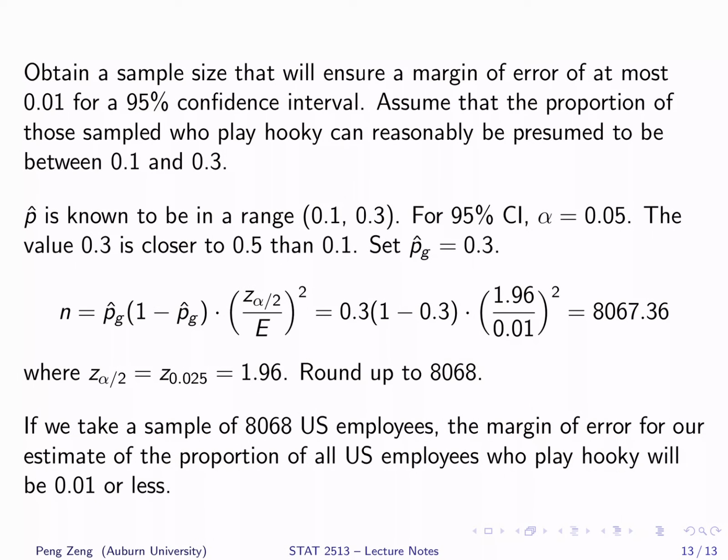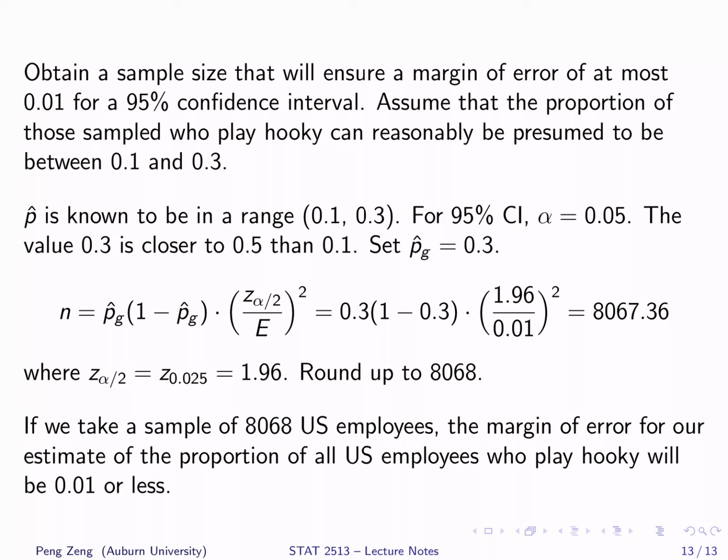Let's look at a second scenario. Obtain a sample size that will ensure a margin of error of at most 0.01 for a 95% confidence interval. Assume that the proportion of those sampled who play hooky can reasonably be presumed to be between 0.1 and 0.3.